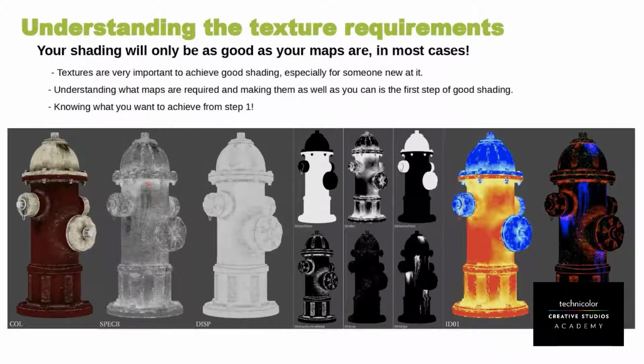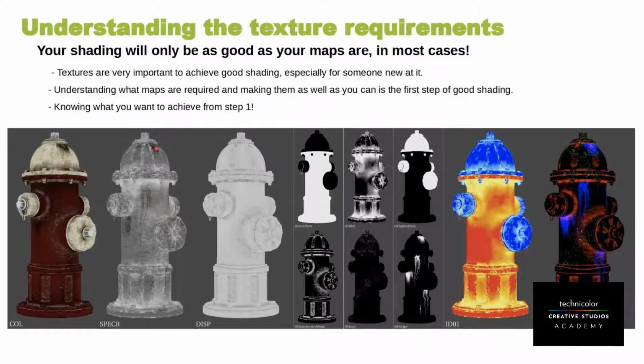In a spec R map, wherever it is brighter, that is where the values are higher, and that's where your specularity is going to be rougher. And wherever it's darker, it's going to be more shiny. So that's a spec R map. Also keep in mind, if you're going to create a gloss map or a spec map, that would be the inverse of this.